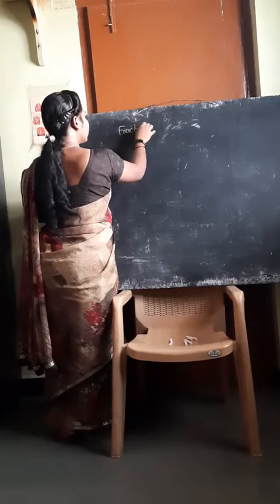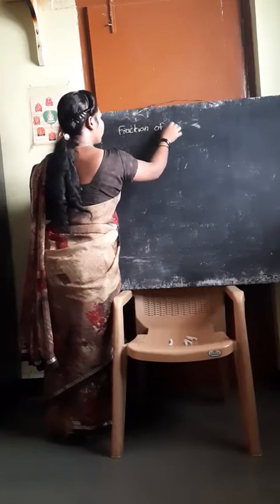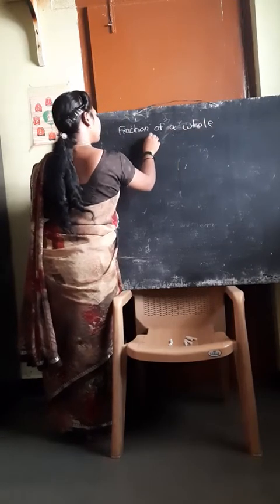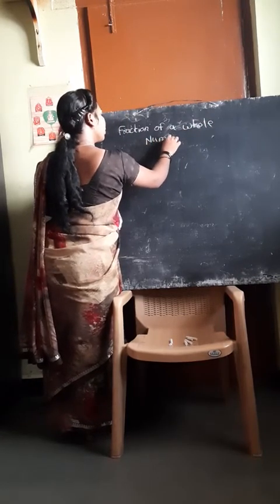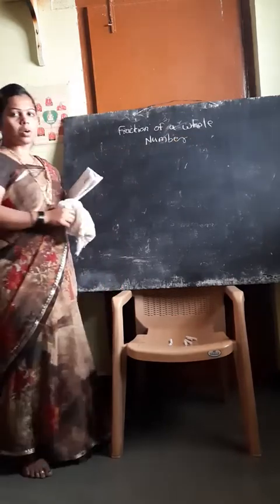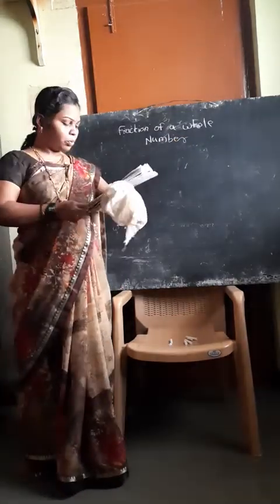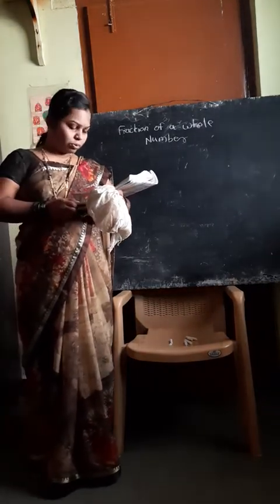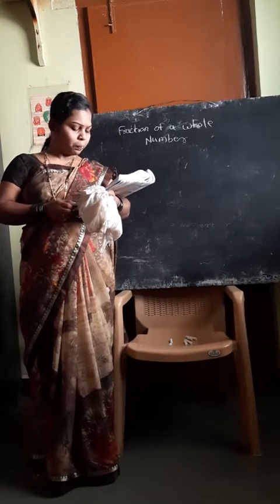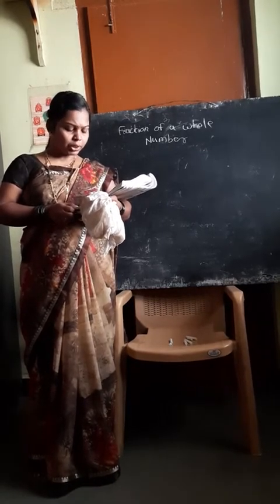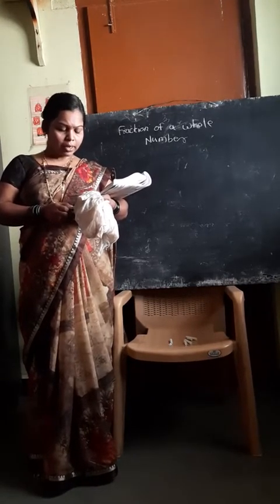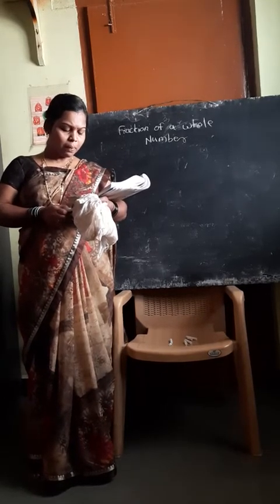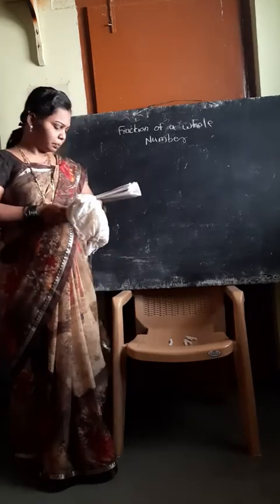To find a fraction of a whole number, we have to do two mathematical operations, division and multiplication. We first divide the whole number by the denominator, then multiply the result by the numerator.